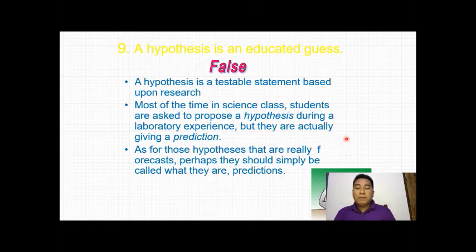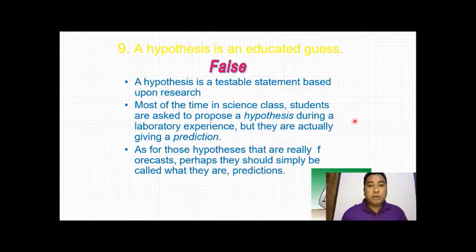For example, when I say that I'm going to go thinner when I exercise, it's somewhat true, but at the same time, you have to involve different interactions or different elements for you to become thinner. Therefore, your hypothesis is a prediction that you are going to go thinner when you exercise. So the claim that a hypothesis is an educated guess is false.